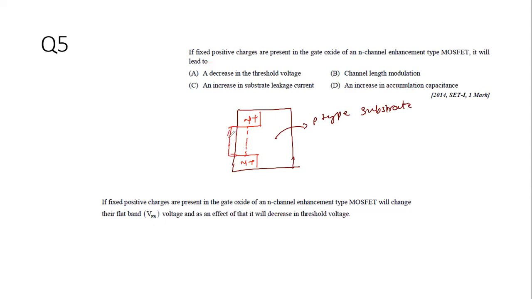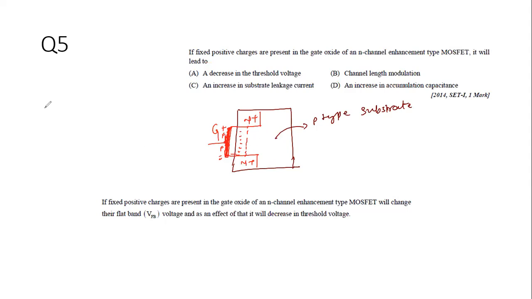This is your gate, and this is your gate source. If this is positive, this is negative. So for fixed charge present in the gate oxide, there is an introduction of negative charge inside the channel.